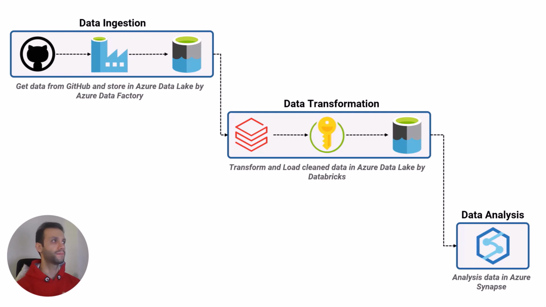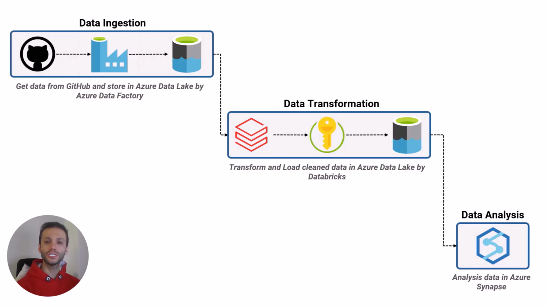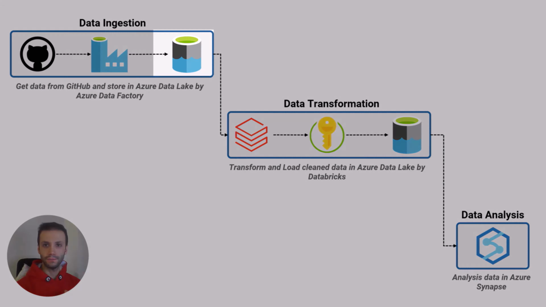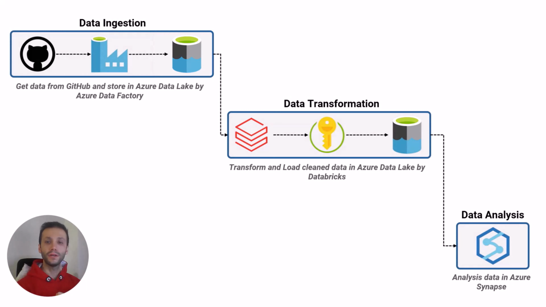After getting that data from GitHub, I'm going to use ADF, or Azure Data Factory, to load this data to the data lake. So far, we grab the data from GitHub, use Azure Data Factory, and load or push the data into the data lake.